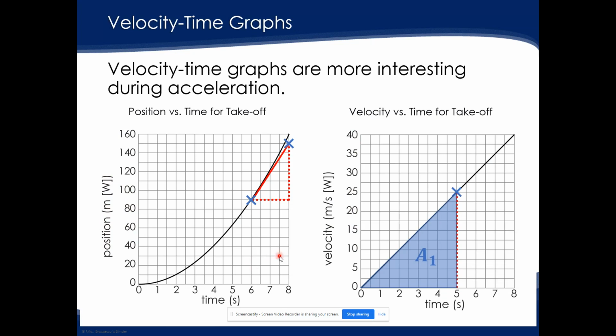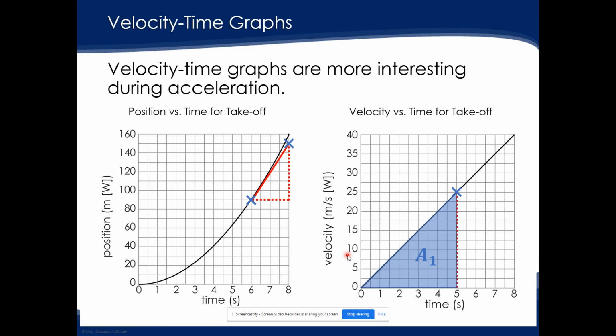And our velocity-time graphs are going to be more interesting when we're doing acceleration. Over here on the left, this is our position-time graph for a plane taking off. We've got our nice little curve up here, and it tells us that we're accelerating. But to find an instantaneous velocity, we have to draw our tangent line and then do all the calculations, and it's so much fun.